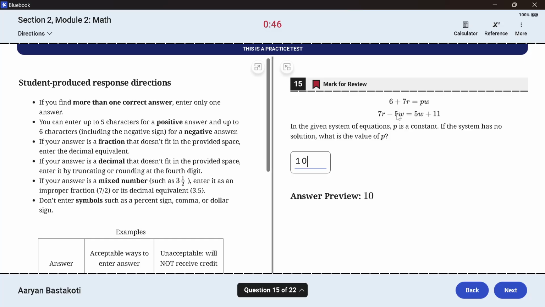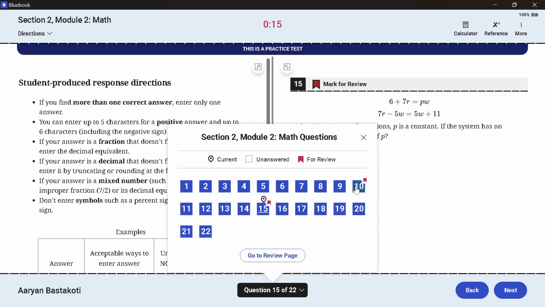See here, minus 5w, if it goes here, it will be 5w plus 5w, 10w, and it's already 7r here as well. So if the term for p was also 10 and here is also 10, then these would have the same slope. But since the constant is 6 here and 11 right here, the constants are different, meaning there would be no solutions and both the lines would be parallel to each other. So this is my answer.